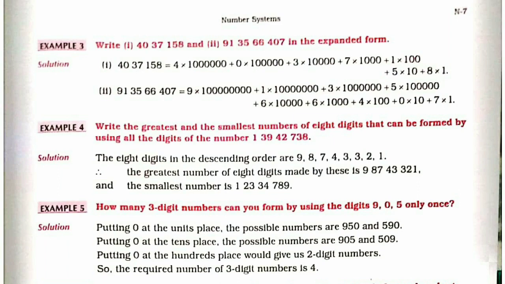So greatest number will be this. Okay, and for the smallest number we just reverse all these digits, because as we already know, descending order is the reverse of ascending order, so we directly reverse the digits. Okay, so the same pattern we will apply in the question also.